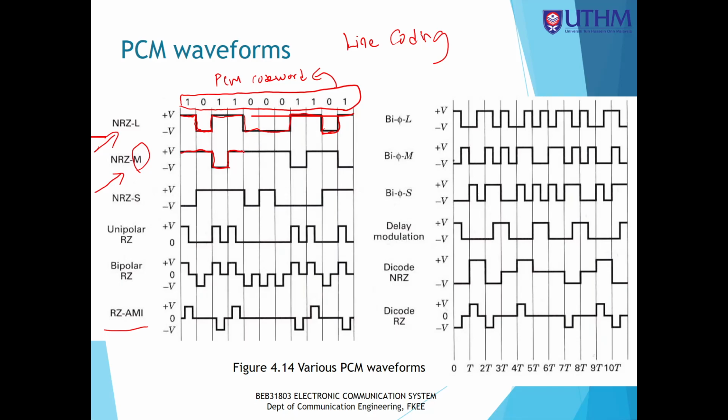Then the input is logic 0, so no change in polarity, and then logic 0, no change in polarity. Then logic 1, change polarity from positive to negative voltage. And then logic 1 again for the input, so change polarity into positive voltage.